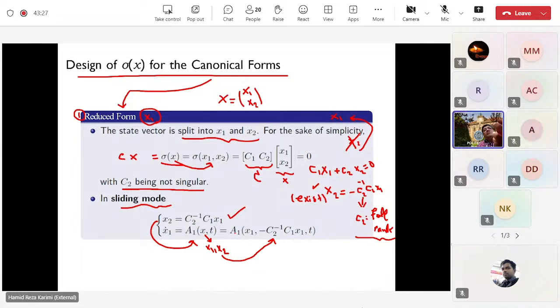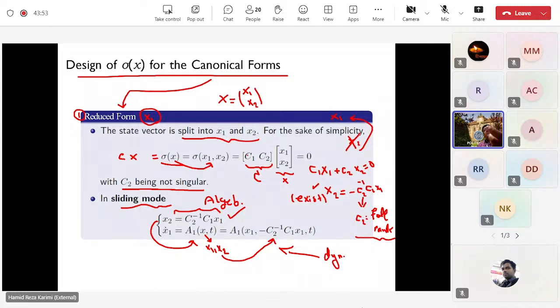There is an algebraic relation between x1 and x2, and here you have the dynamics. Okay, so this is the philosophy for a reduced form.